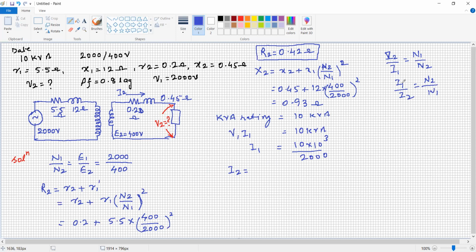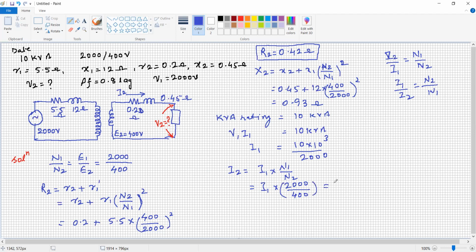So I2 is equal to I1 multiplied by N1 upon N2, so I1 into 2000 divided by 400.